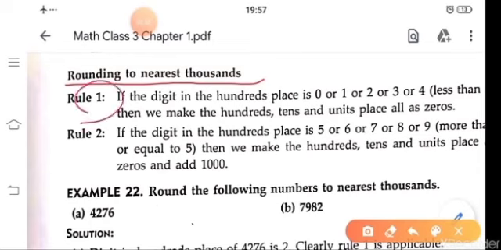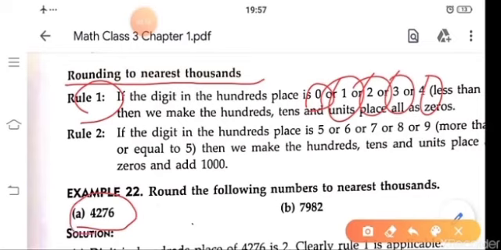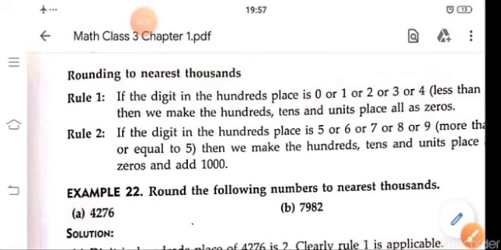Rule number 1, if a number is 0, 1, 2, 3, 4, then the number at hundreds place, tens place and ones place all becomes 0. Like this, see example 4276, so 4 is at thousands place, 2 is at hundreds place, 7 is at tens place, 6 is at ones place. So we'll make 0, 0, 0 at each place.